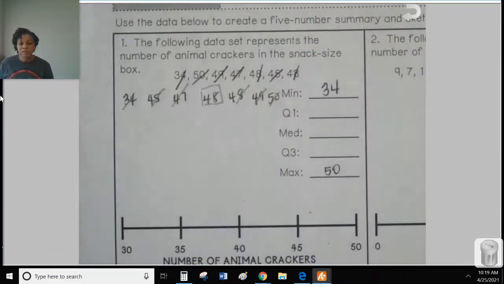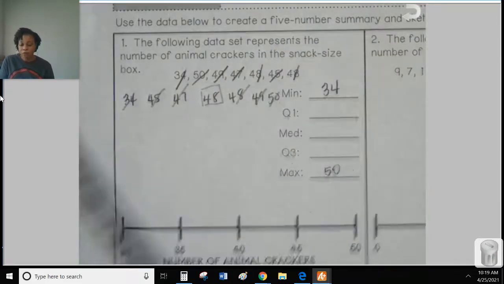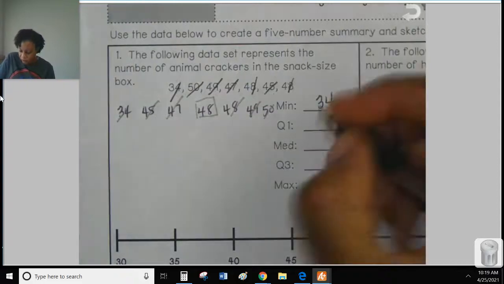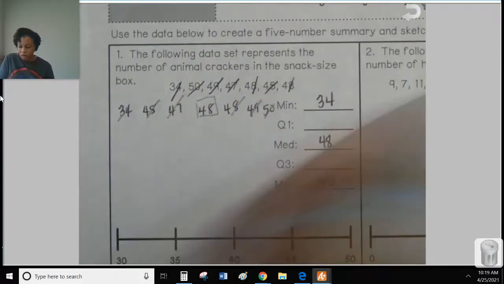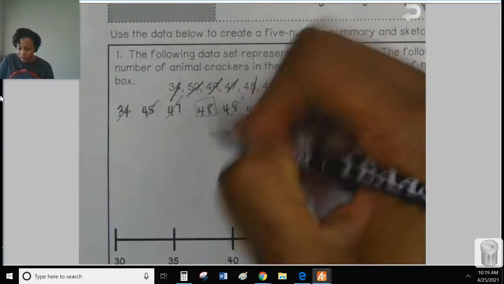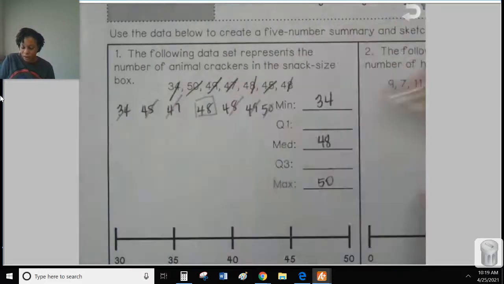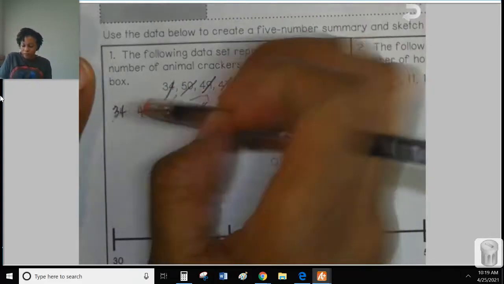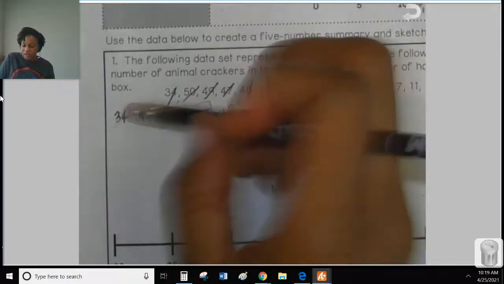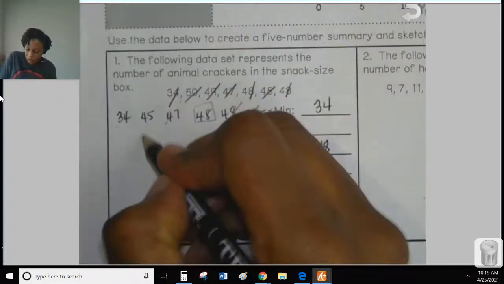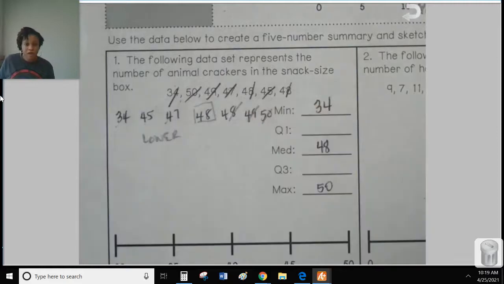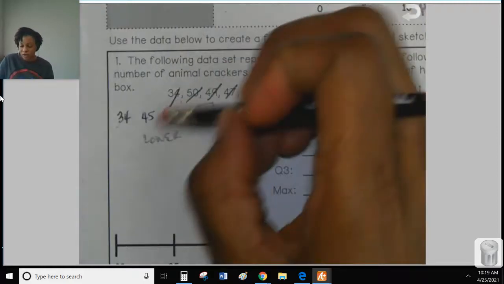Okay, so I'm left with 48. I have 7 pieces of data. So in the middle, I have one number, and my one number is 48. So 48 will not be included in my upper and lower. So everything to the left of 48 is now my lower quartile side. And we need to find the median on this side.